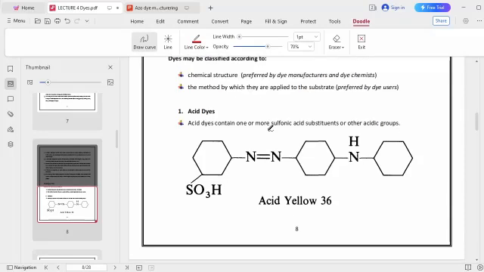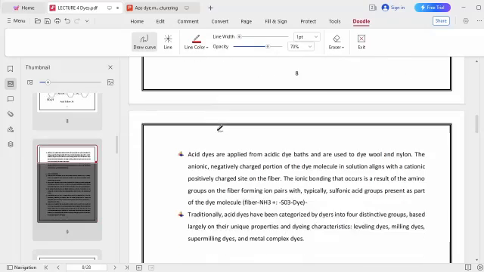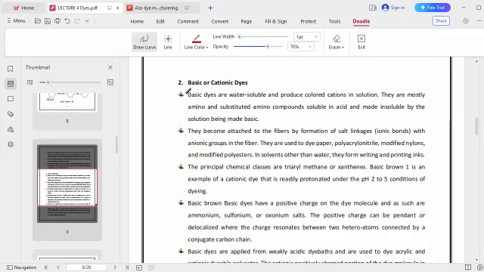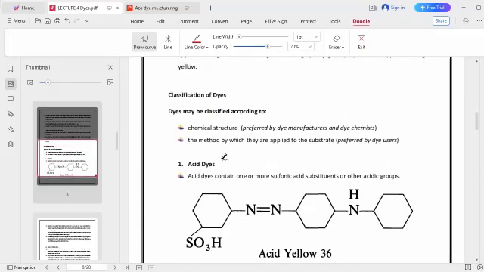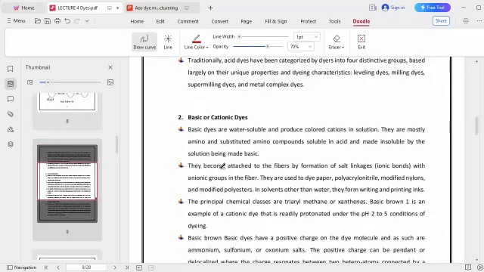Okay, this classification is based on what? On chemical structure. So we have acid dyes, also have the basic dyes. They are also known as cationic dyes, whereas acid dyes are also known as anionic dyes.